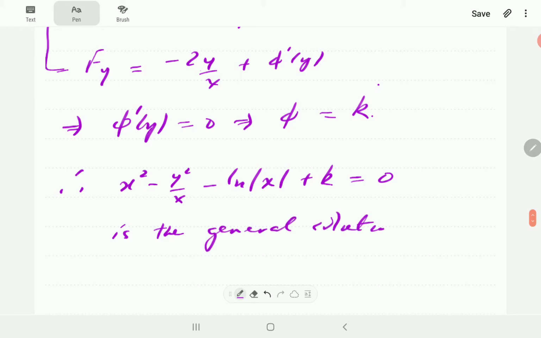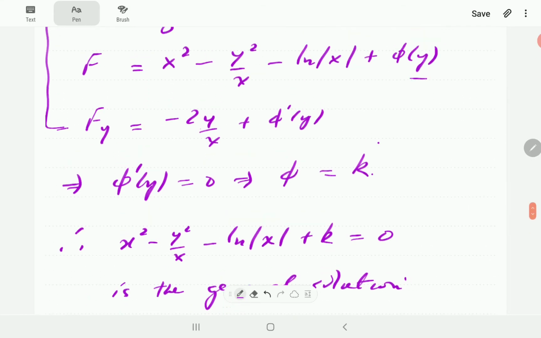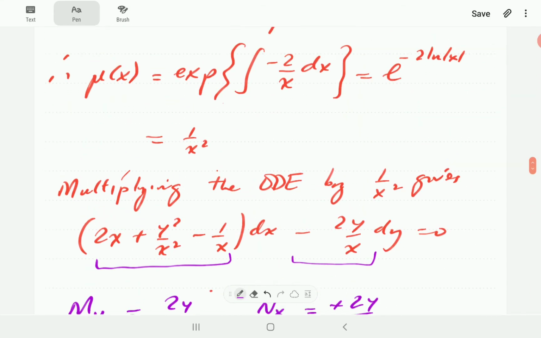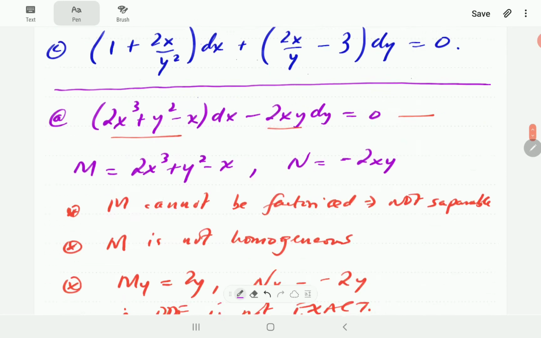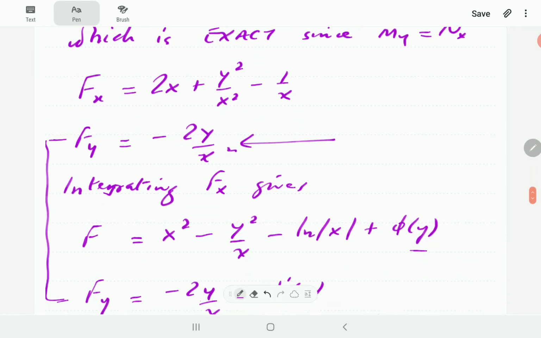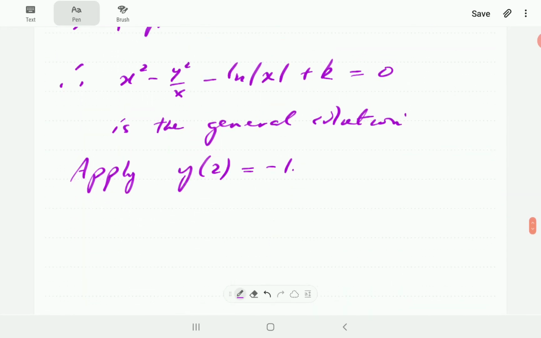But for this ODE, given an initial condition, we're now going to apply that initial condition. The initial condition says when x equals 2, y is negative 1. Right, so we're just going to plug that in, and that's going to tell us what the value of k should be.